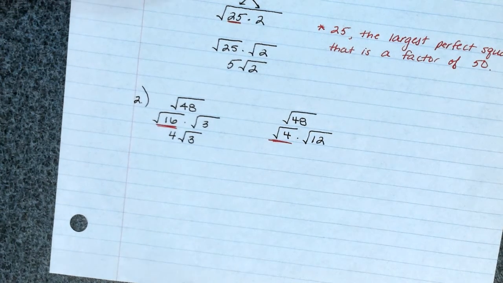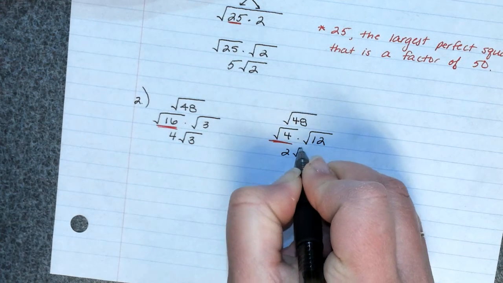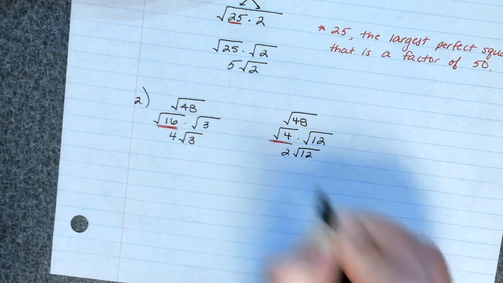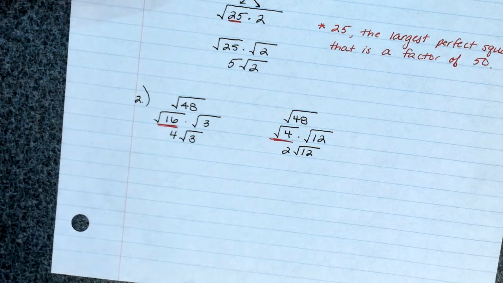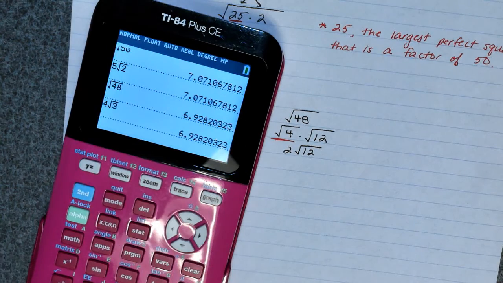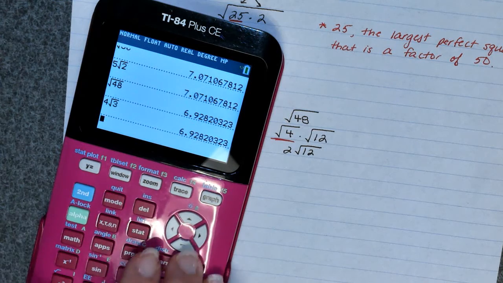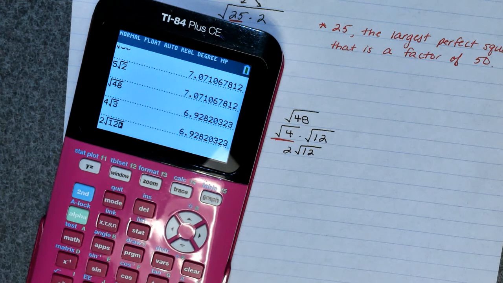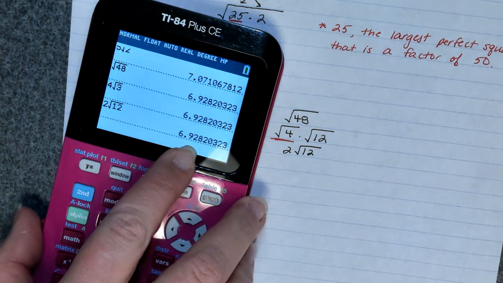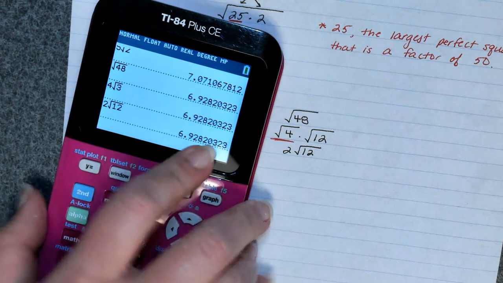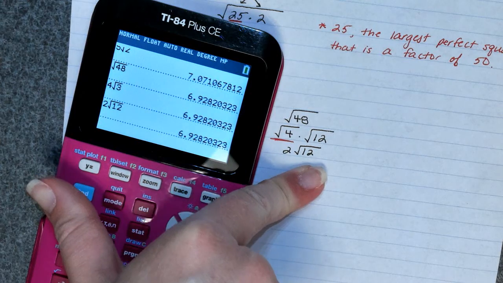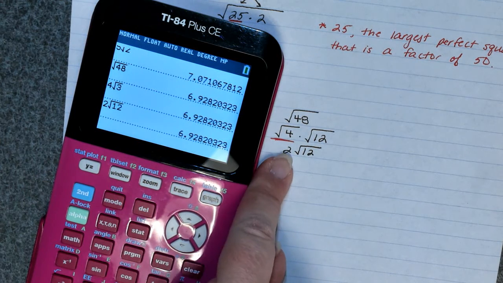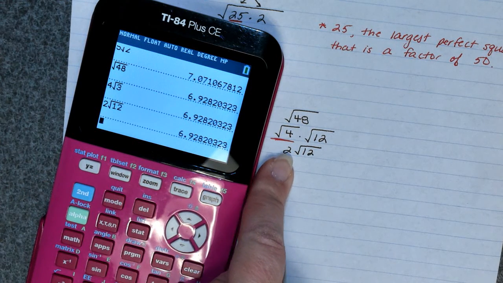Okay. So you end up with 2 square roots of 12, because the square root of 4 is 2, which is fine, because they'll even maybe check it in their calculator and say 2 square roots of 12. It's still 6.928, so I'm still getting the same value. Cool, that's correct. Okay? But you can look at this and know that it's not simplified.